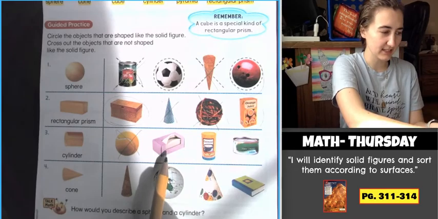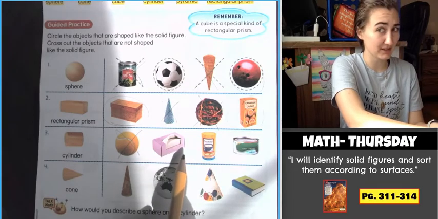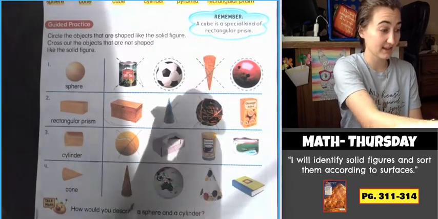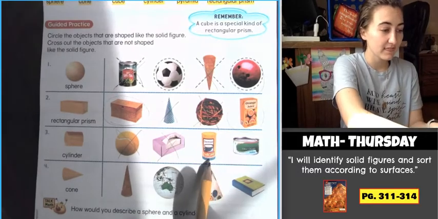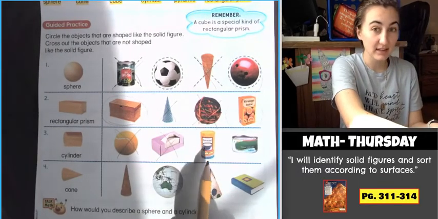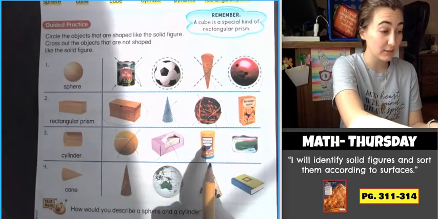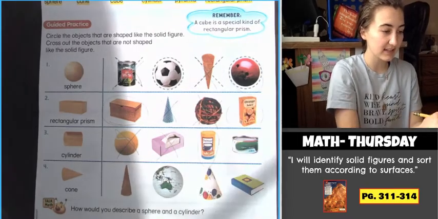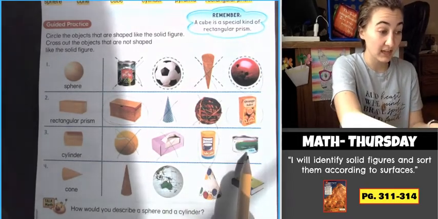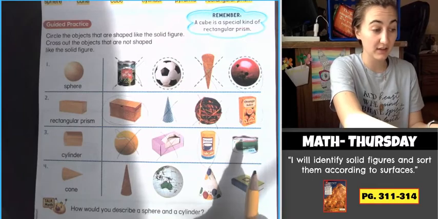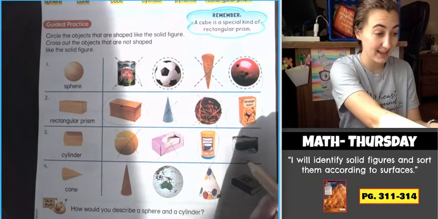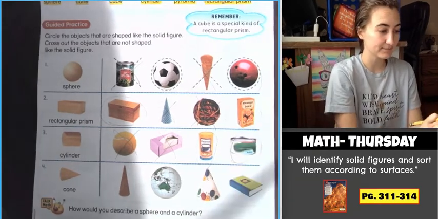This one here, this tissue box, it's not rounded at all. That's not a cylinder. This oatmeal container is a cylinder, though. It's rounded and has flat sides. This tuna can right here is also rounded around the edges and has 2 flat sides or faces.